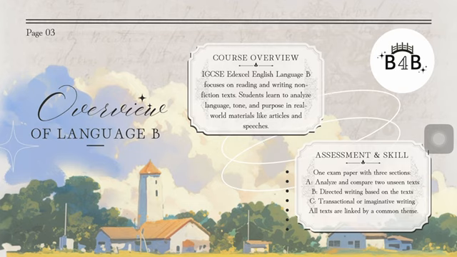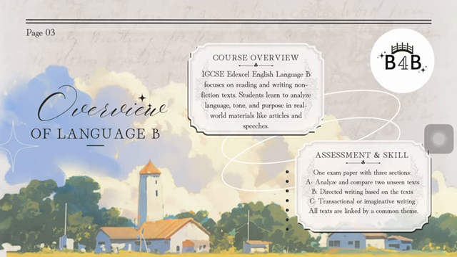You will learn how to analyze language and structure, understand the writer's purpose and tone, and write clearly for different audiences and purposes. English Language B is a very practical subject that not only prepares you for the exam but also improves your everyday communication.